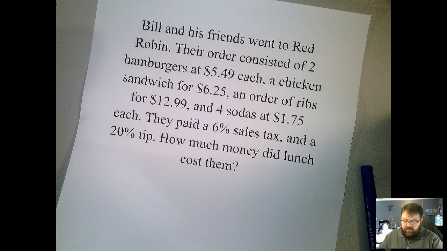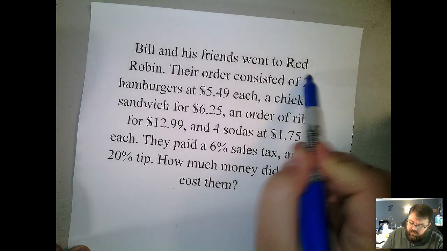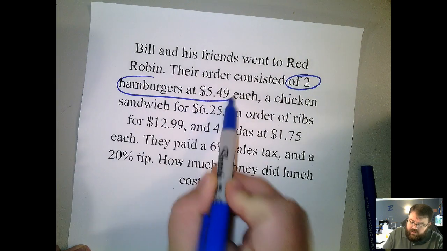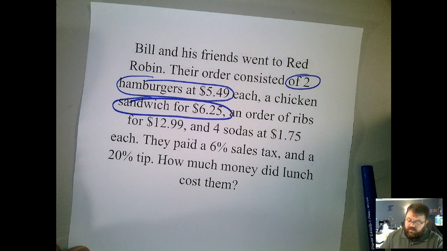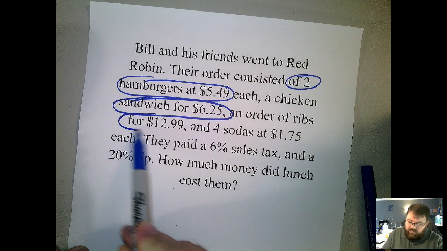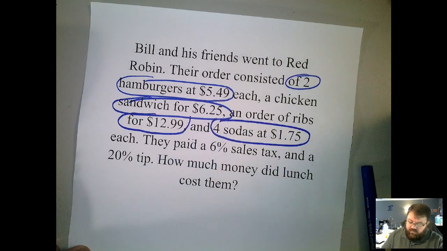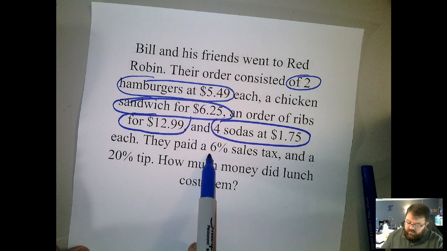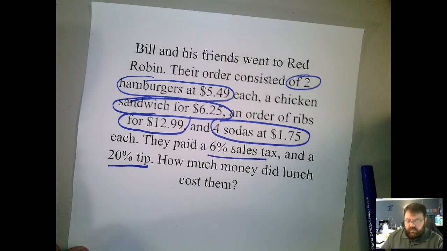Bill and his family went to Red Robin. Their order consisted of 2 hamburgers at $5.49 each, a chicken sandwich of $6.25, an order of ribs, 4 sodas. They paid 6% sales tax and a 20% tip.